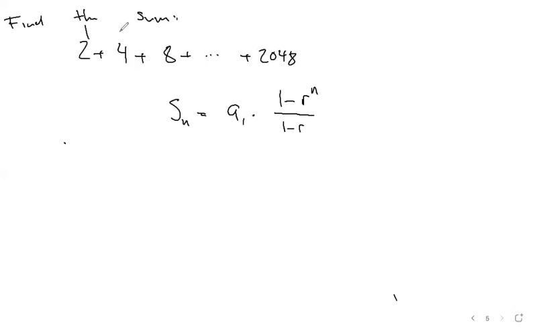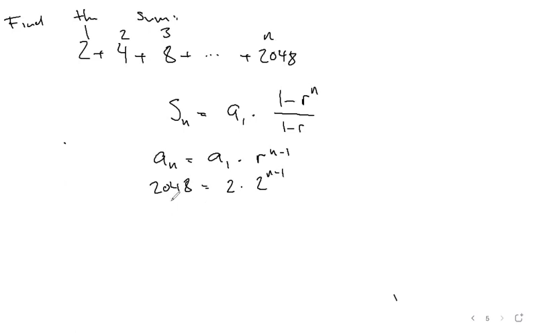This is the nth term. I know that the nth term a sub n is equal to a1 times r to the n minus 1. So in this case, 2048 is equal to 2 times 2 to the n minus 1.